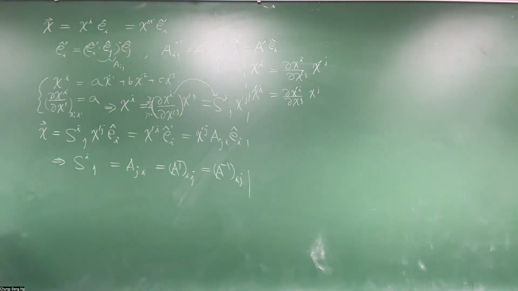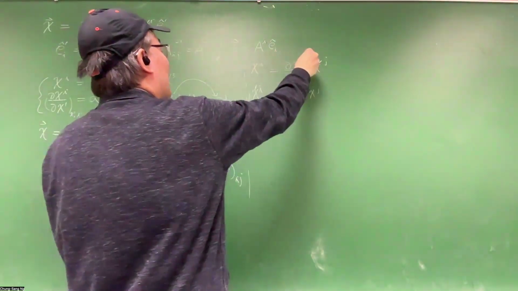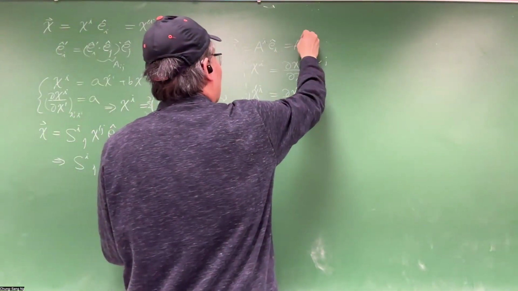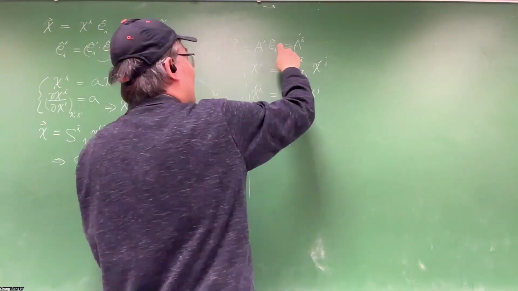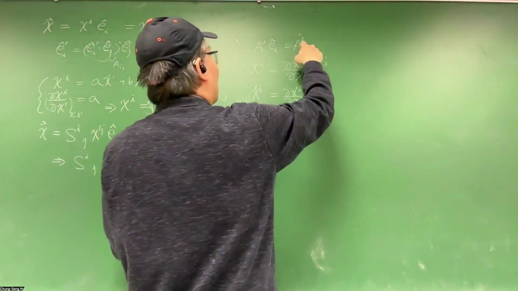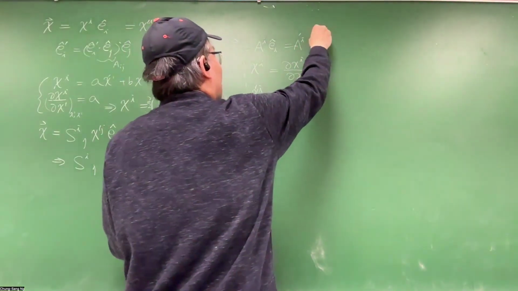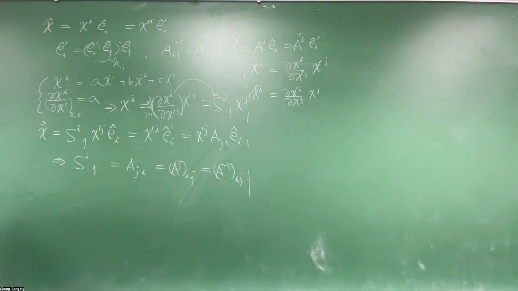If you choose a new coordinate system, then it becomes a pi i, a new vector.